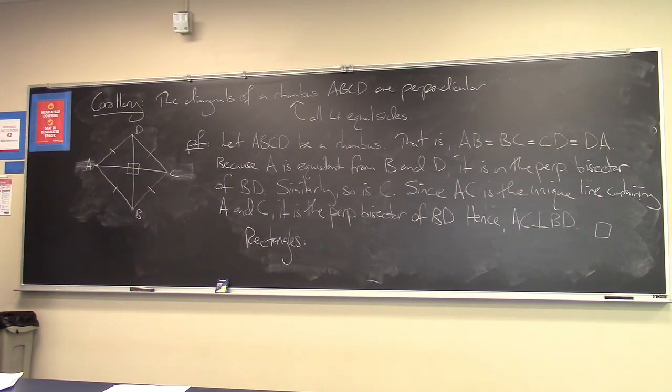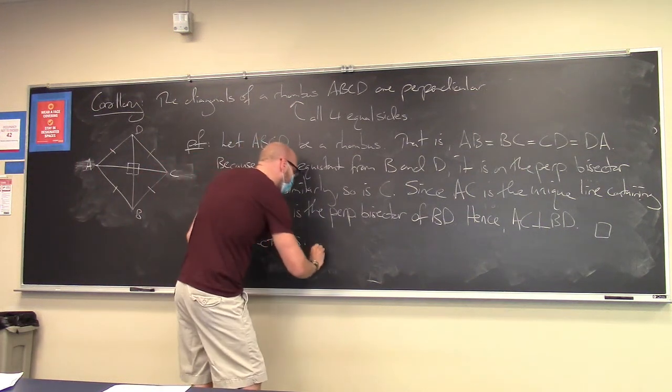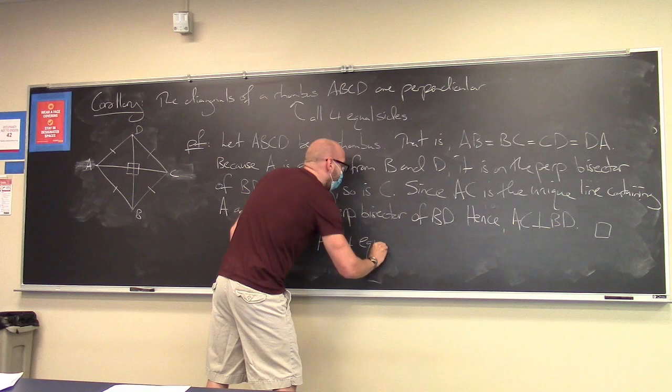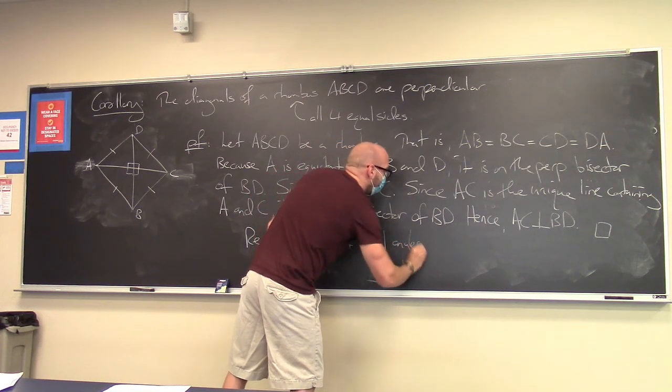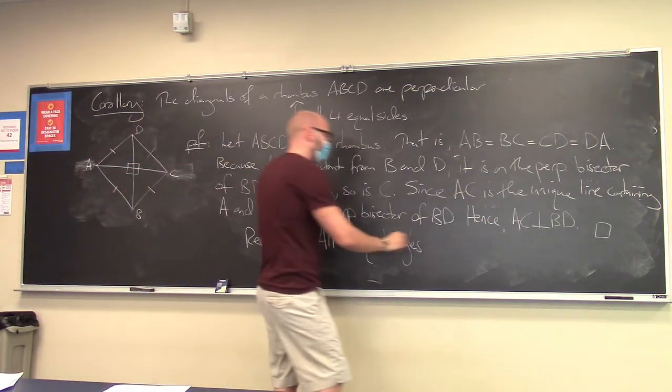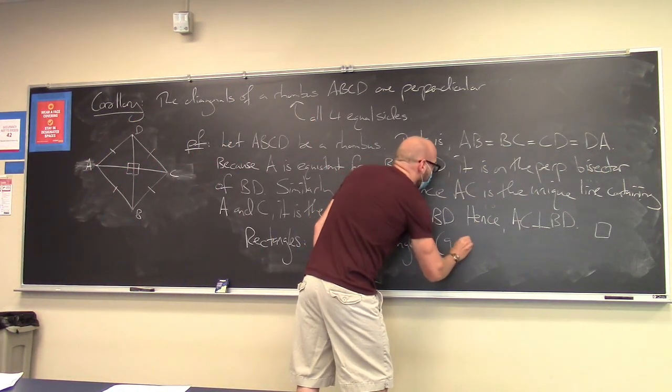So that would automatically make you a parallelogram. It's enough just to say all four angles are equal, and if all four angles are equal and they sum to 360, then of course this means 90 degrees each.